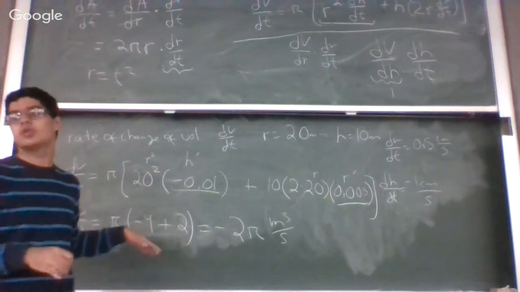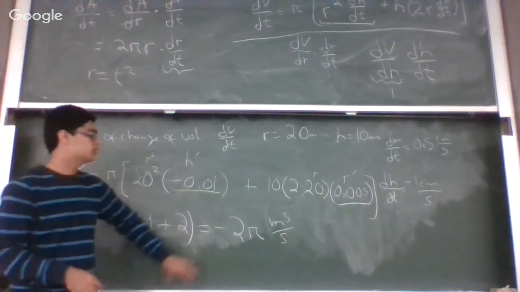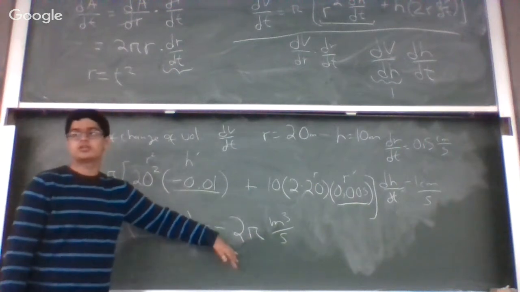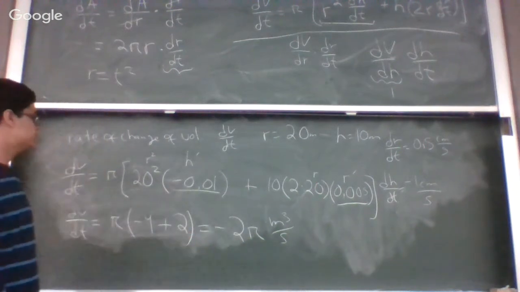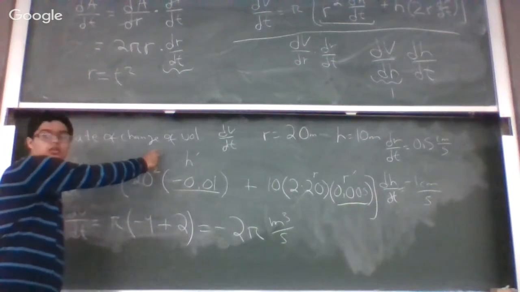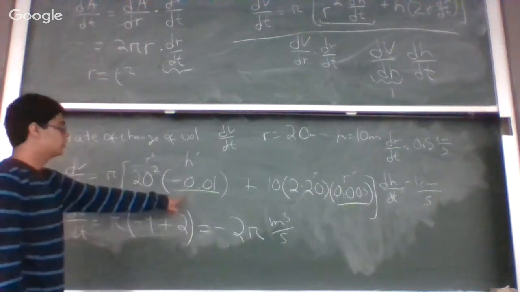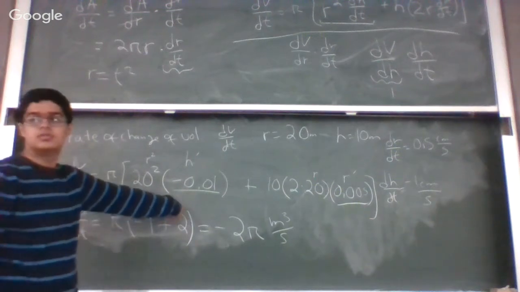You did this in class as well. For volume, everything should work out like that. Volume is meters cubed, and it's with respect to time, so it's per second. If we look at our units, we have r squared, that's meters squared, times the rate of height, meters per second.